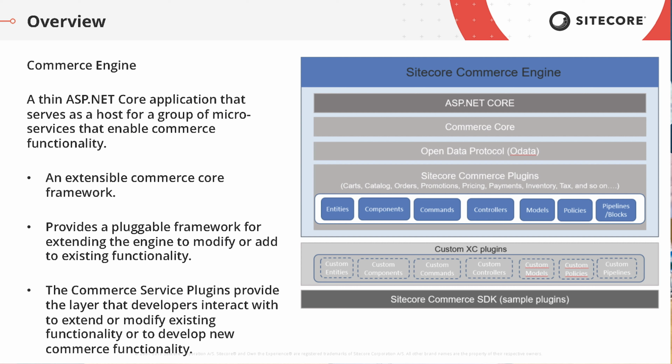You can configure your Sitecore to use specific plugin blocks or specific solutions, whether it be rewards, promotions, carts, the catalog, and so on. If you don't need additional taxing, you can take it out. If you do, you can add it and extend it, okay?